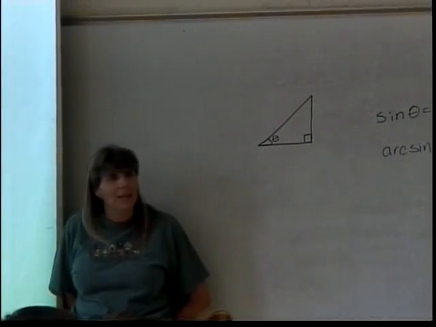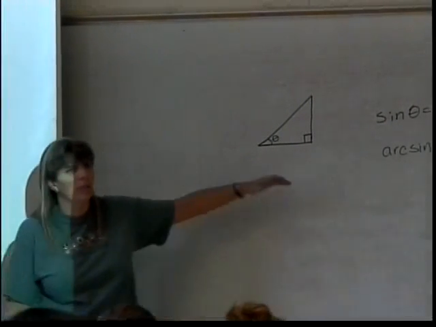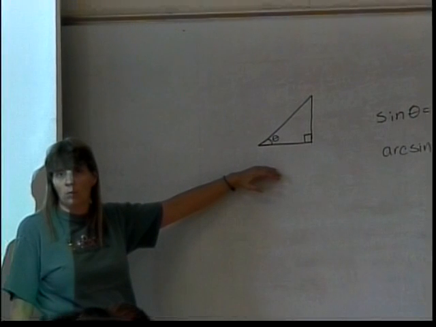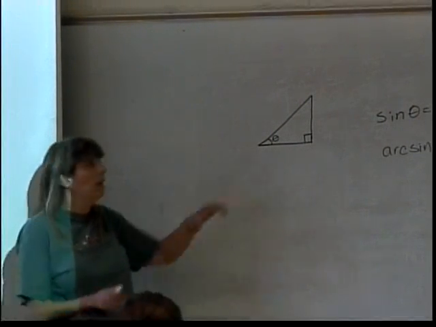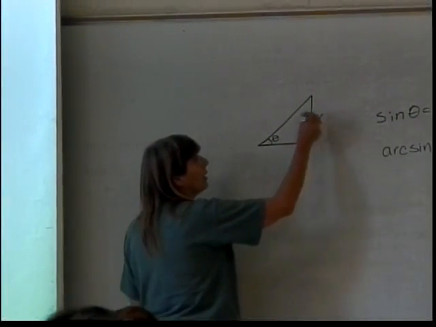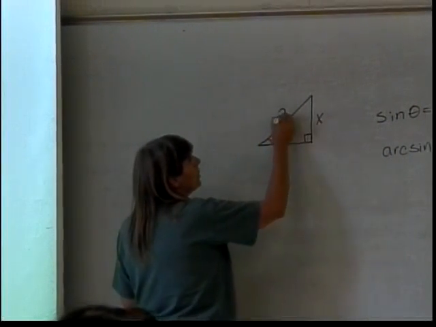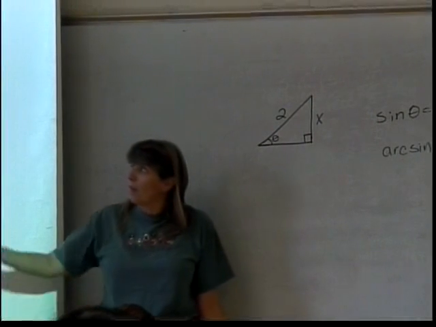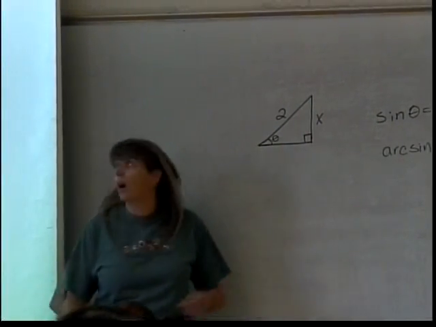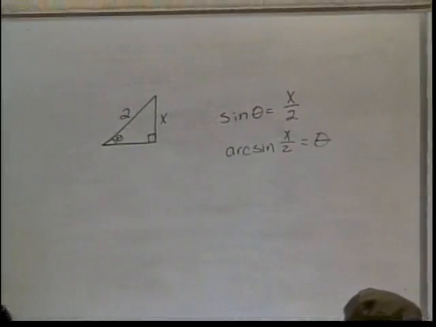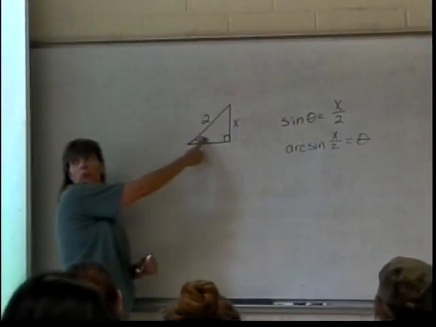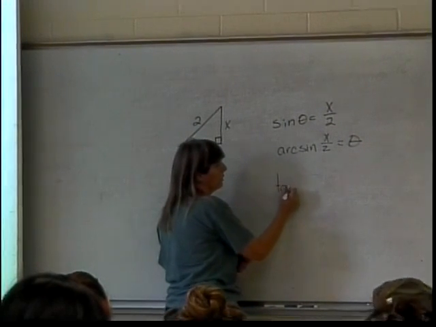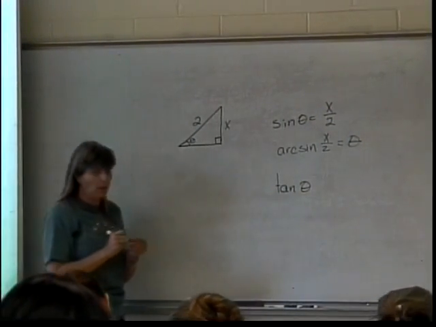What does that mean about x and 2 in terms of my triangle? You did it when it was numbers. X is opposite of theta, and 2 is the hypotenuse. That's easy enough. I want to find the tangent of this angle. Well, that angle is this one right here. I've set it up so that works. Now I want to basically find out what the tangent of theta is. In order to find the tangent of theta, what do I need?